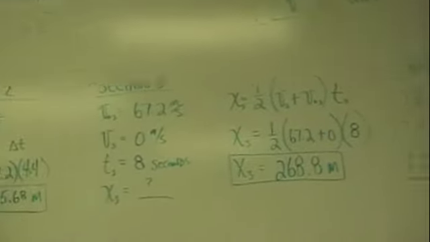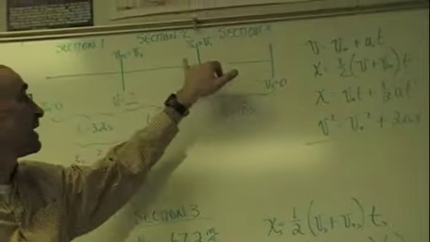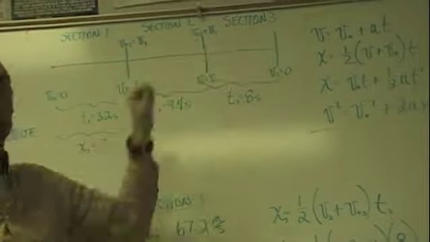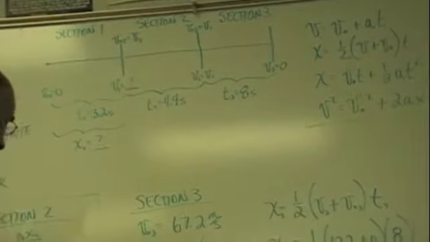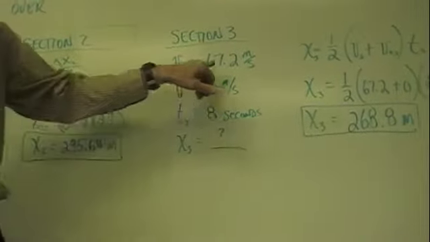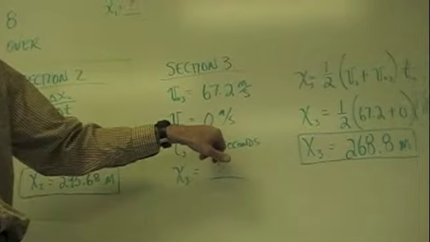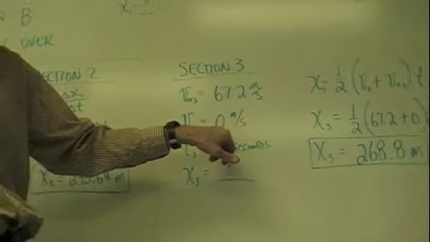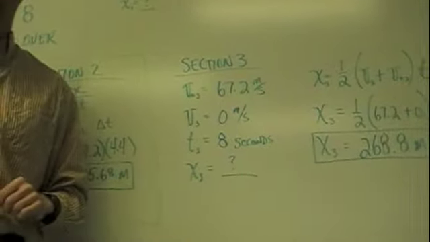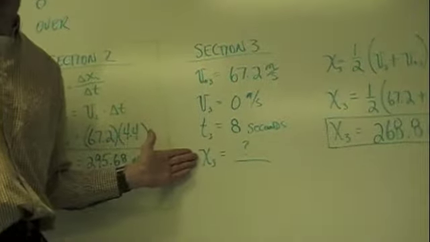So if we look at section 3, is the initial velocity for section 3 equal to the velocity at the end of this one and the velocity all the way through there, which turns out to be 67.2. Okay, so you'll notice I put 67.2. The parachute's going to bring the car to a stop, okay, and it's going to take 8 seconds to get that done. So we know those 3 variables, but we don't know x.